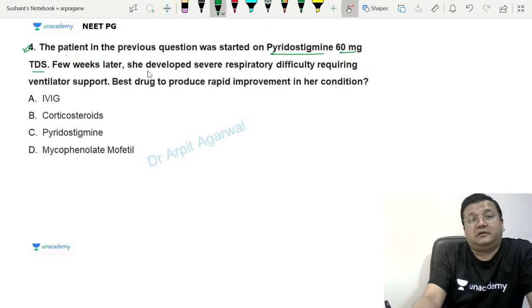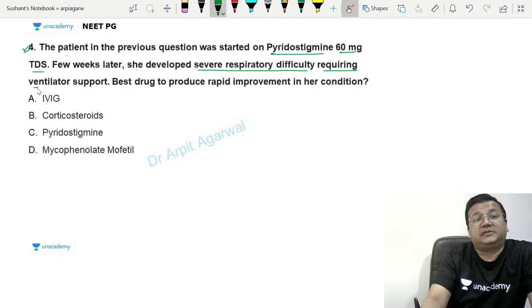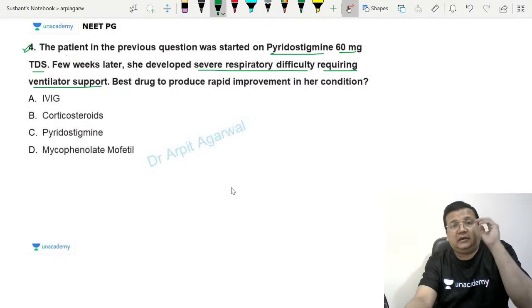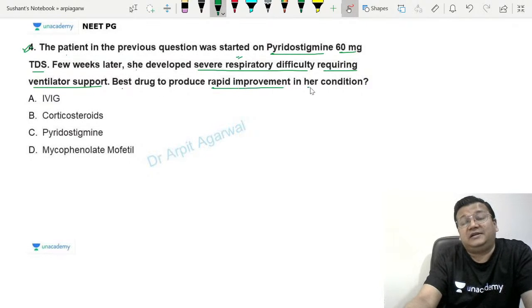A few weeks later, she developed severe respiratory difficulty, requiring ventilator support. So she had so much muscle weakness that she was admitted and put on a ventilator. Now, what is the best drug to produce rapid improvement in her condition?